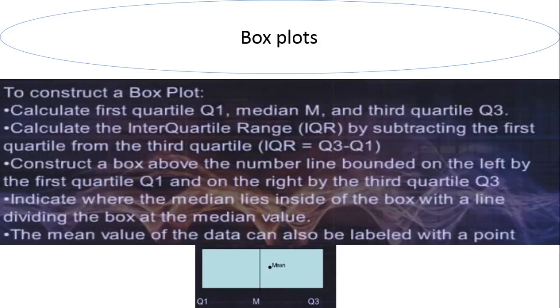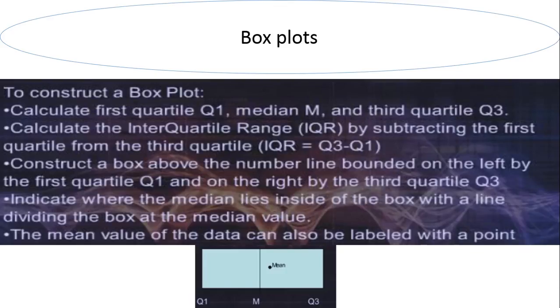So you have a rectangle in which you plot the median as the middle value. You have the first quartile, the third quartile also, and you can highlight also the mean, as you can see at the back of your screen.